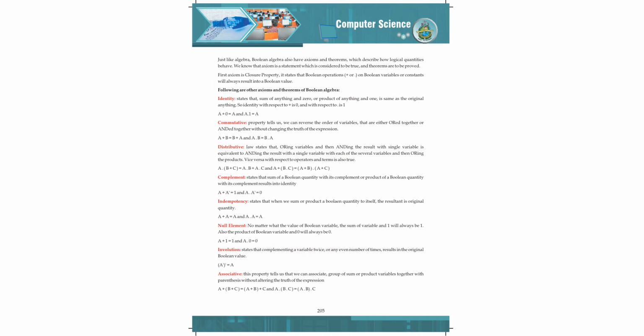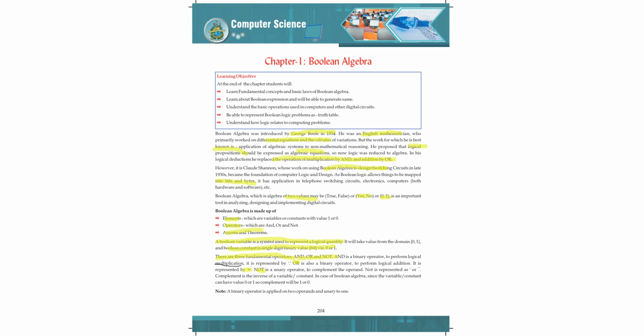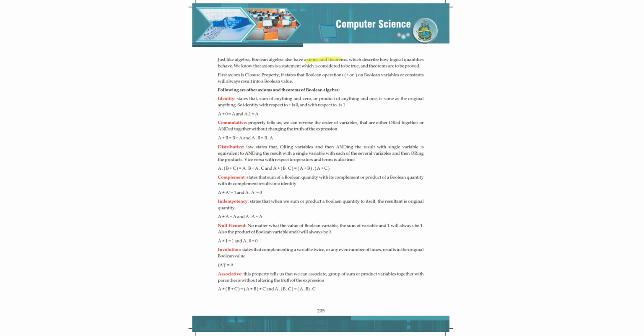Just like algebra, Boolean algebra also has axioms and theorems, which describe how logical quantities behave. We know an axiom is a statement which is considered to be true, and theorems are to be proved. In your early maths classes, you had to prove a lot of theorems.